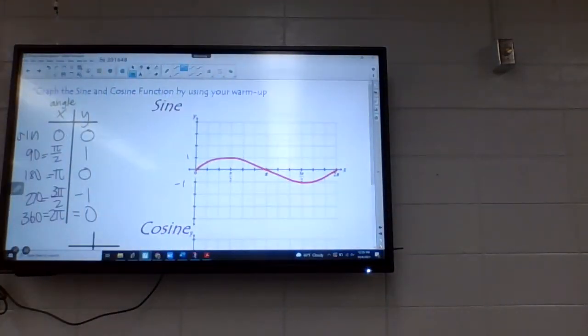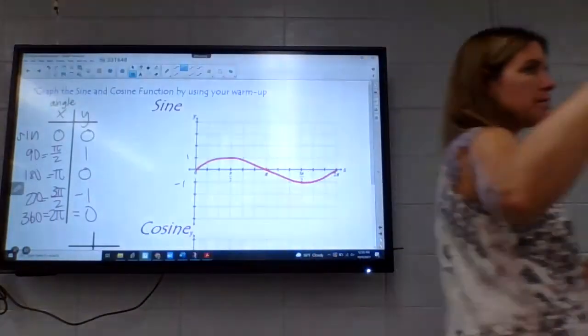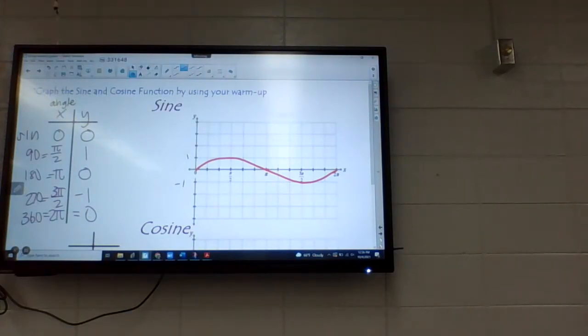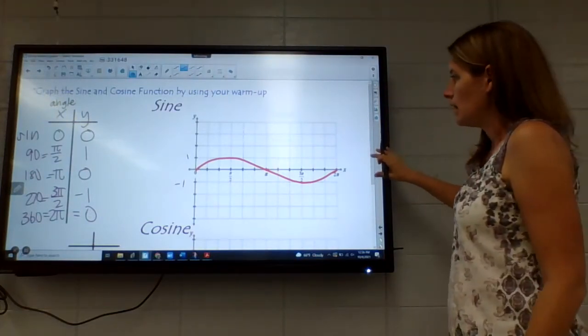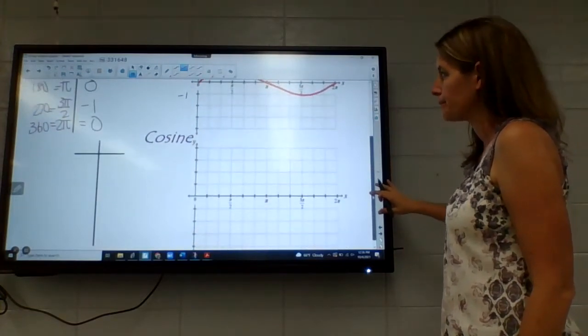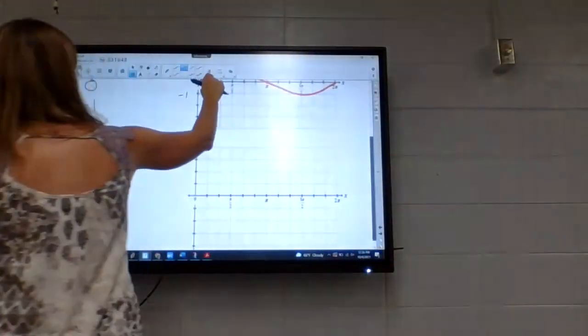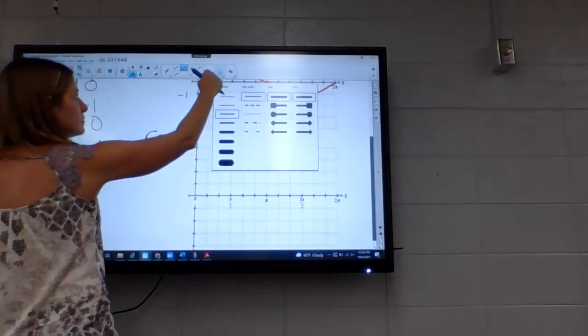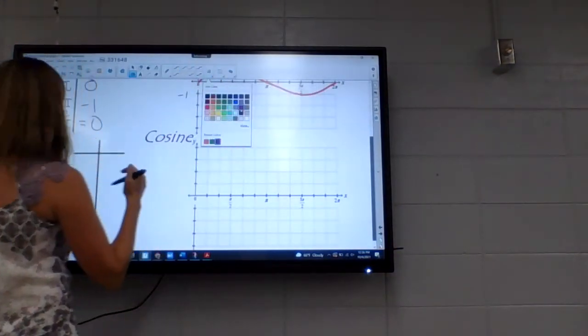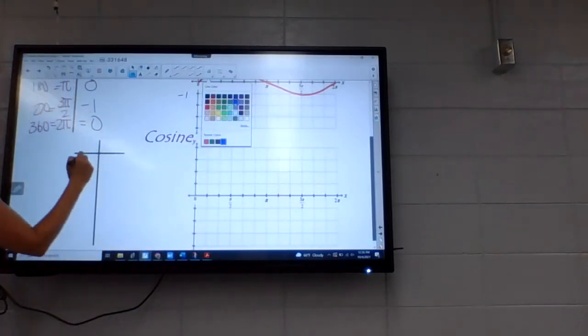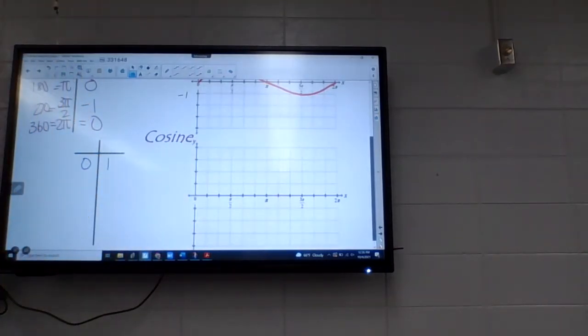So what happens with cosine is it's basically just flipped from that, or a little bit different. Because sine starts at 0, cosine starts at 1 instead. So it's the same numbers, the same pattern, but it starts at a different spot. That one starts at 1. So then when I go to pi over 2, which is 90, that's going to be at 0.